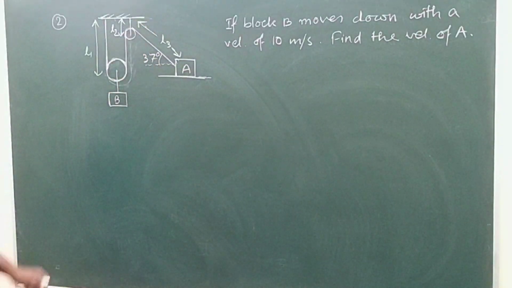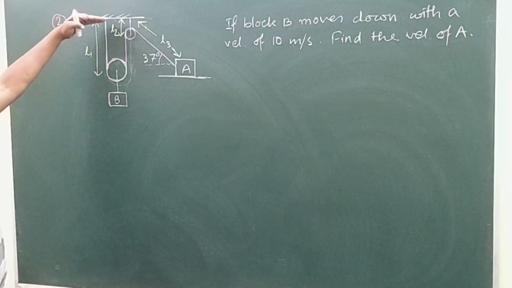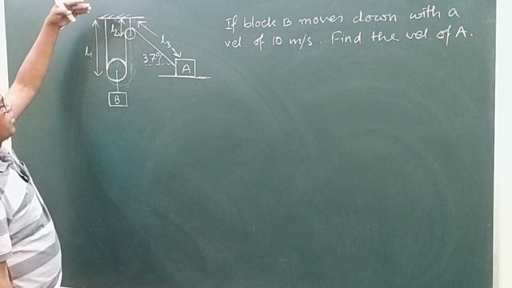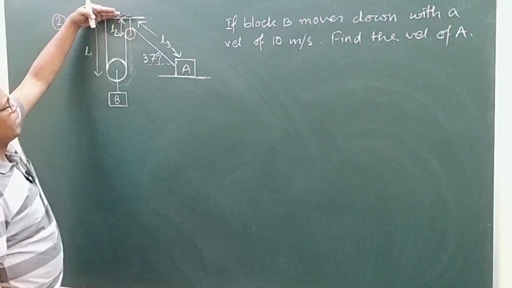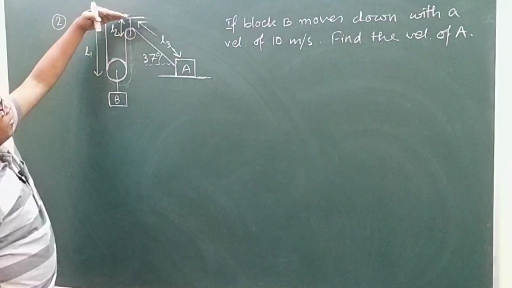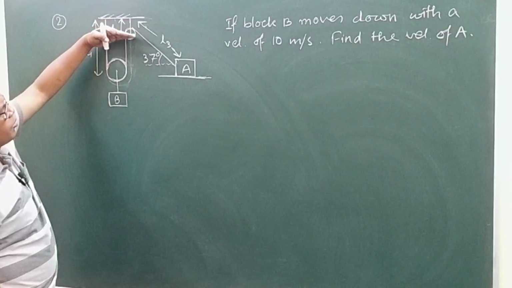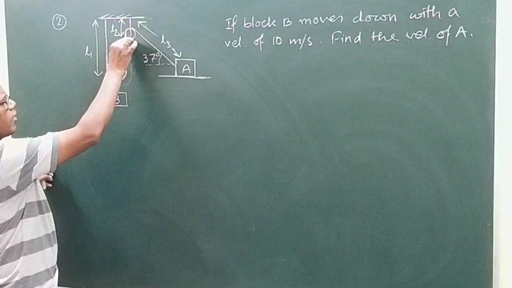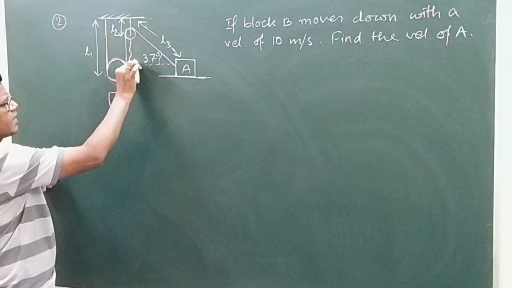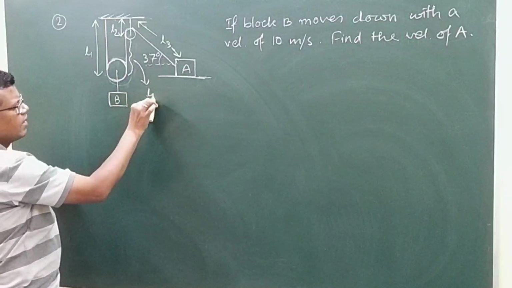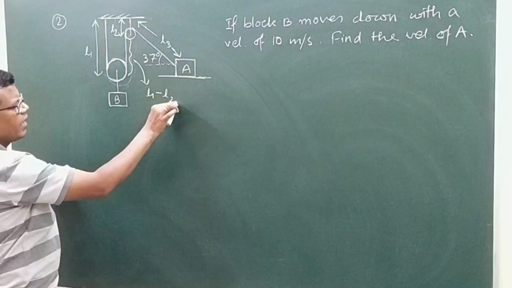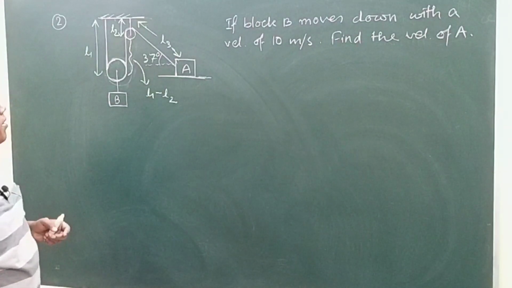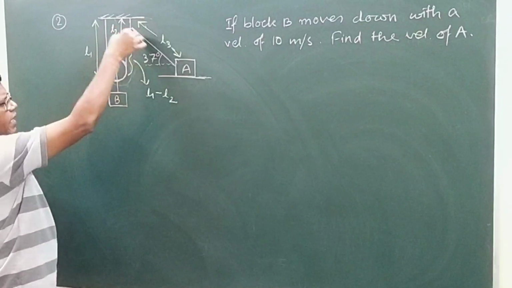All measurements are taken from the fixed position. If this much is L2 and this much is L1, then this part of the string can be written as L1 minus L2, right? And this is L3.